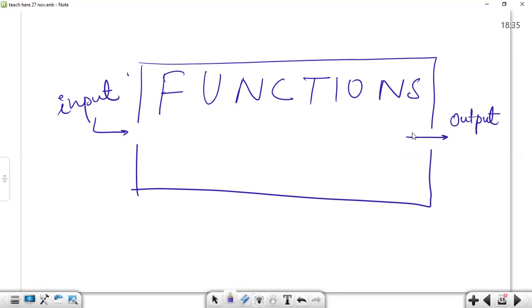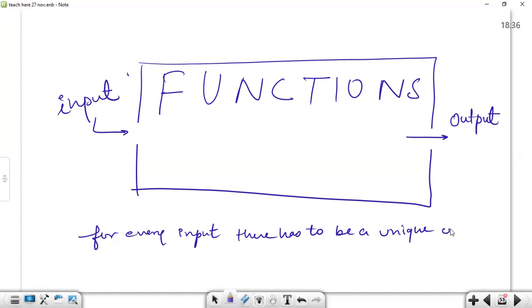The machine itself will not eat your input. So for every input there has to be a unique output. Why? Because it will depend on the nature of the input.